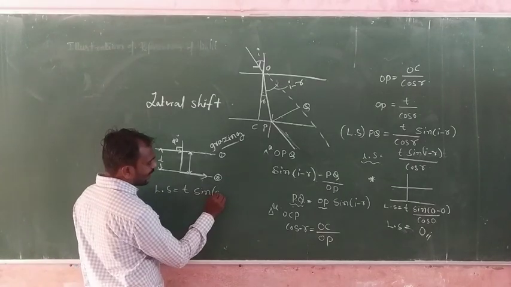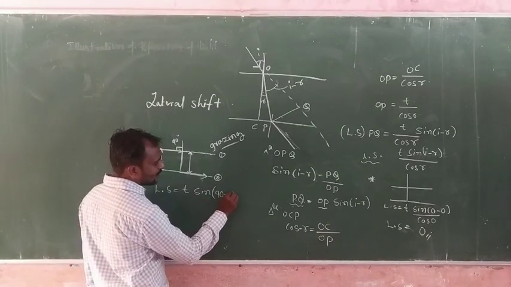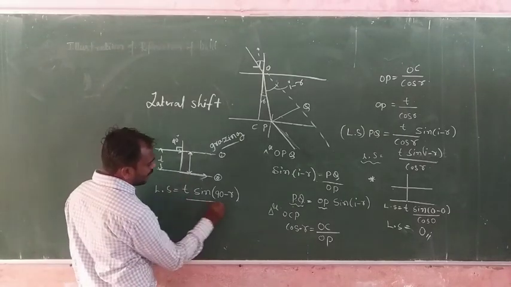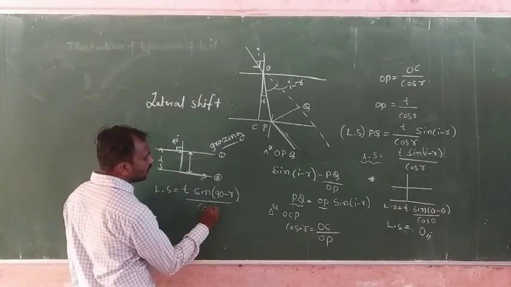So it becomes sine of 90 minus R, where R is the refracted ray angle, divided by cos R.